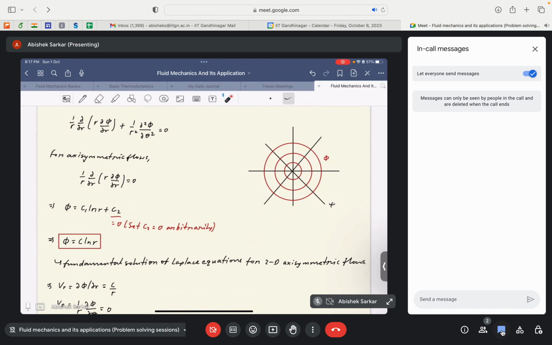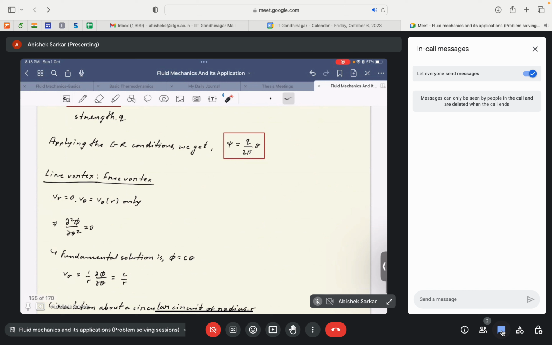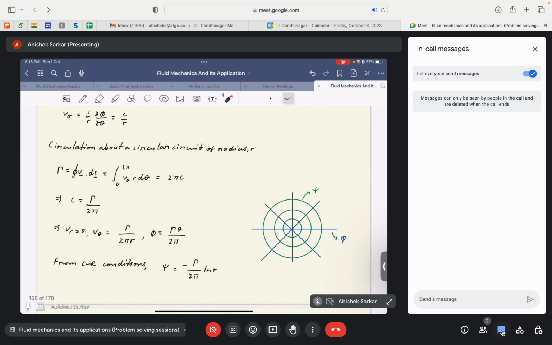For sources and sinks, the circular lines represent the potential function, and the lines perpendicular to it, emerging from the origin, represent the stream function. Just opposite to it, in the case of a line vortex or free vortex, the closed concentric circles represent the stream function, and the lines perpendicular to it that emerge from the origin represent the potential function.